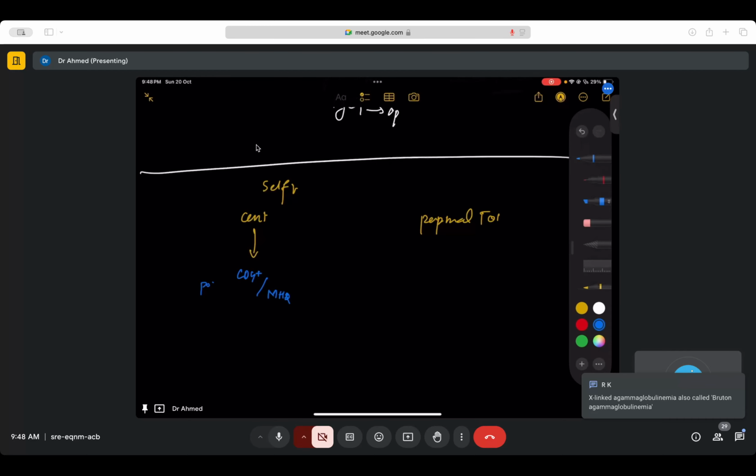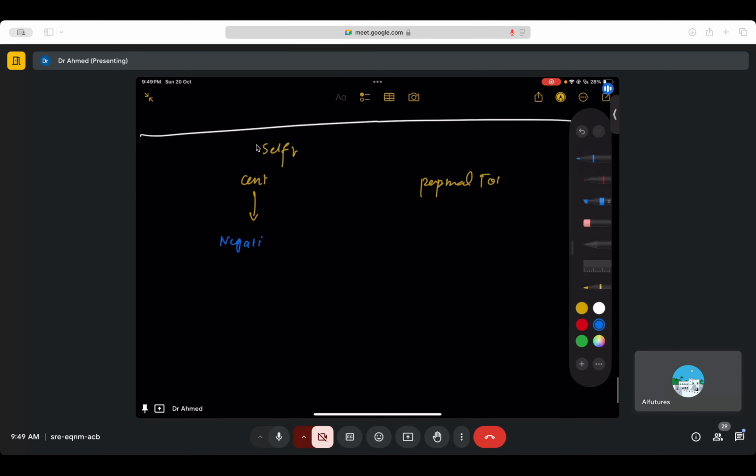Central tolerance is your negative selection. What's negative selection? Your CD4 cells are going to bind with your body antigens.